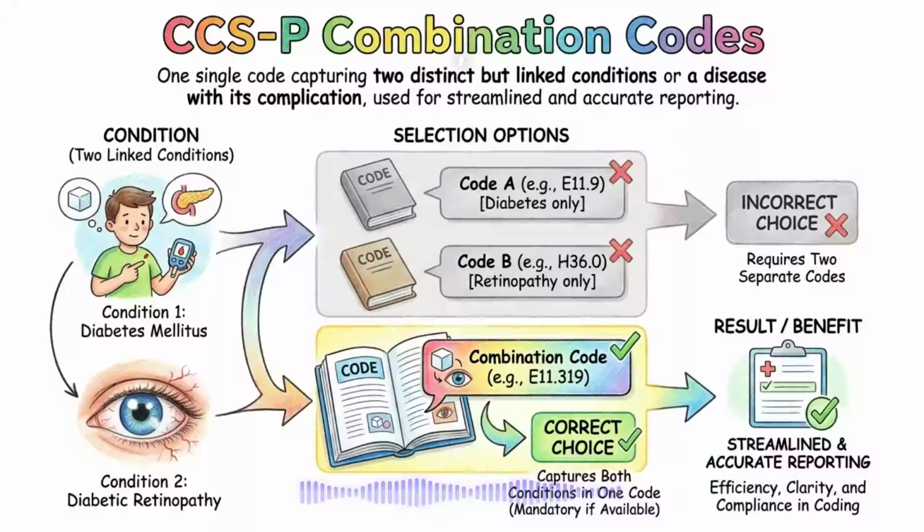To save space and streamline the process, the codebook contains combination codes that classify two distinct conditions within a single alphanumeric code. A combination code can link a disease with an associated secondary process, or it can link a primary disease with a common complication.